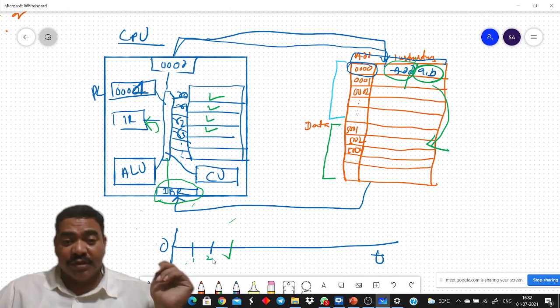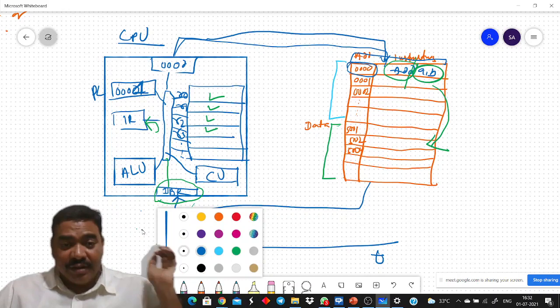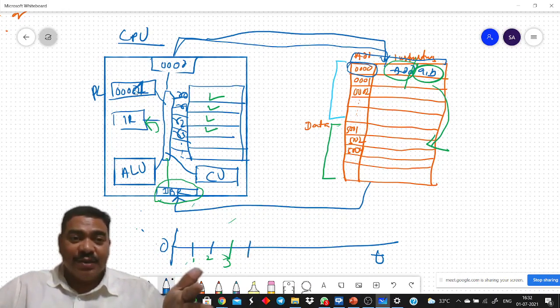This is clock pulse 1, this is 2, this is 3. In the next clock pulse, the instruction will be executed, so the ALU will perform the operations. In the fourth clock pulse, the address 0001 will be placed here and the counter will become 2, meaning the second instruction will be fetched.